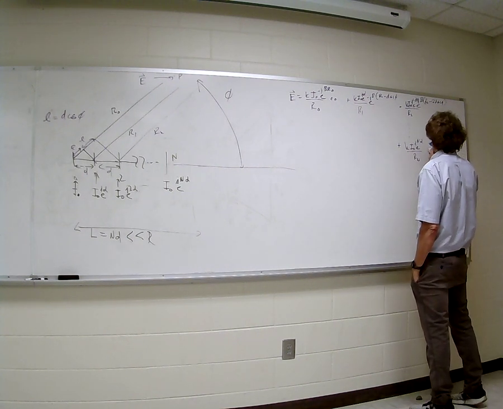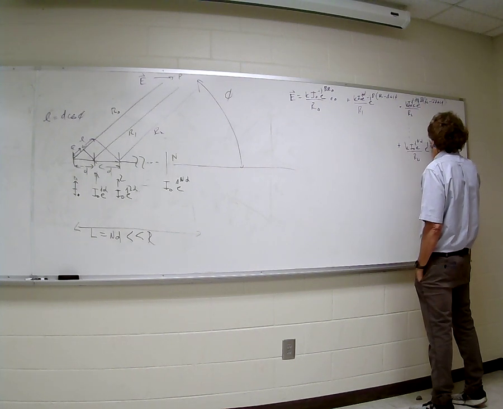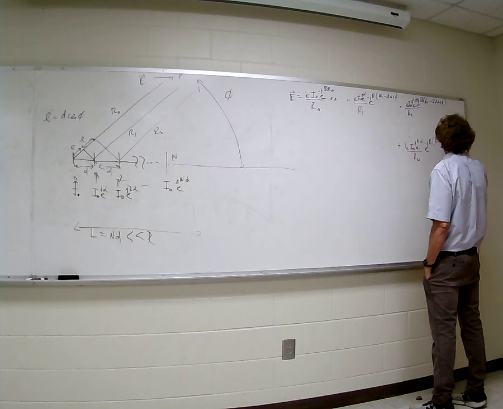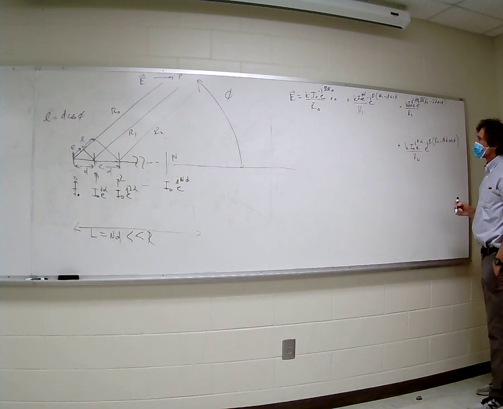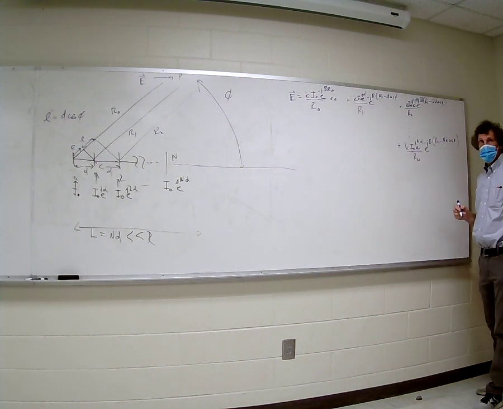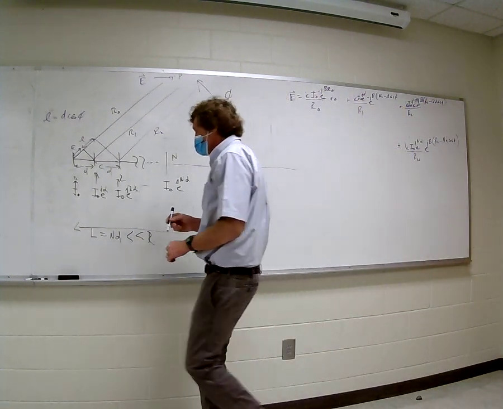And this is going to be times e to the minus j beta, and it's R naught minus n d cosine of phi. And that's the progression. With me? Looks daunting, doesn't it? It isn't daunting. You're going to see this in a second. So just hold that together.